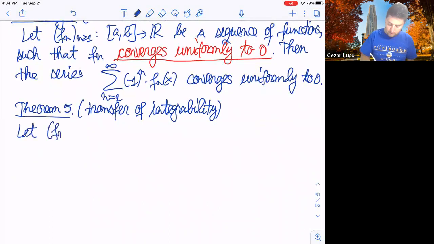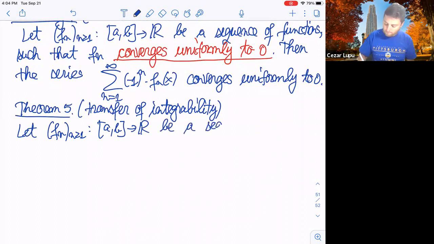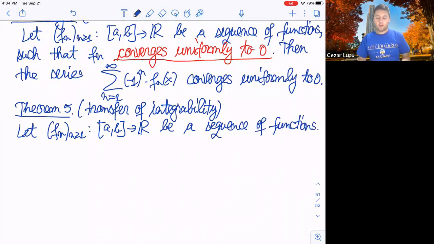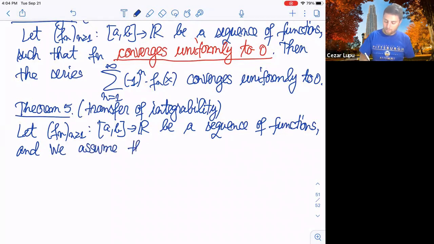Again, let's consider a sequence of functions Fn, and we assume that each Fn is Riemann integrable.